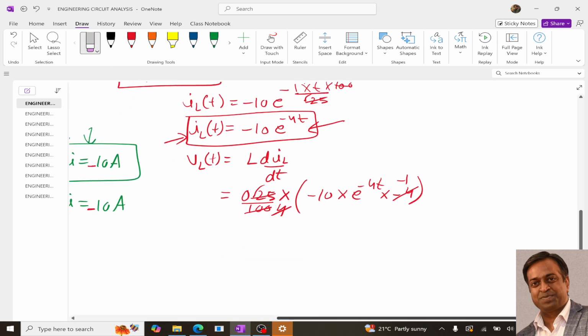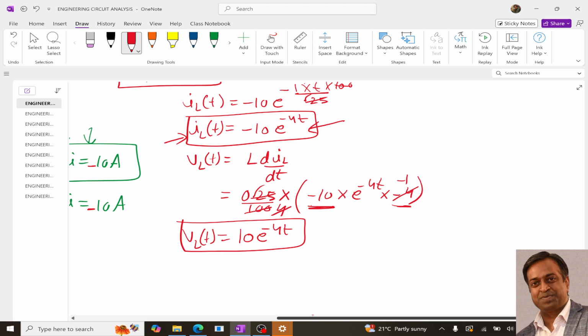So we will get this minus 10 into minus 1, it will be 10, so 10 e power minus 40. So this is our vL(t), right? It is volt, and it is amperes, right? Now once we get this, we will determine the power absorbed by the inductor, and the formula is vL(t) into iL(t), right?